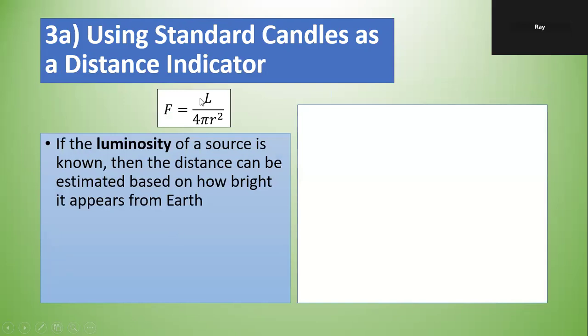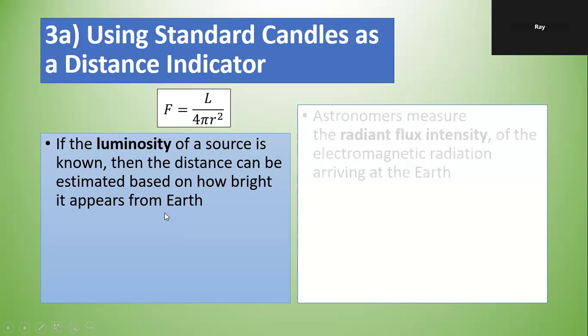If the luminosity of the source is known, L, then the distance can be estimated based on how bright it appears on Earth. We can measure this one on Earth. Radiant flux intensity, or what you call brightness.